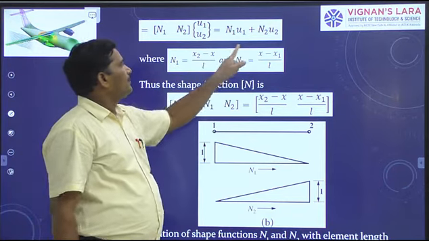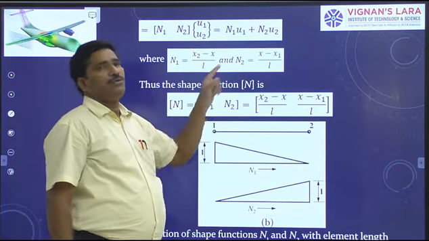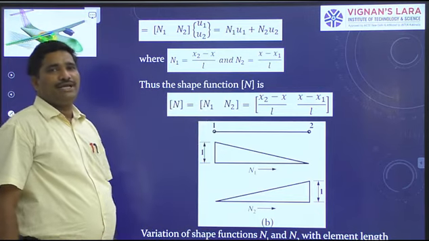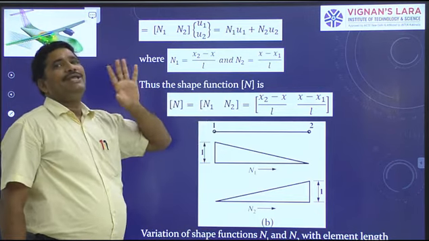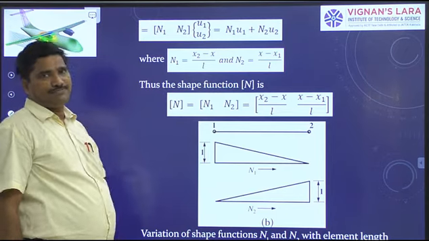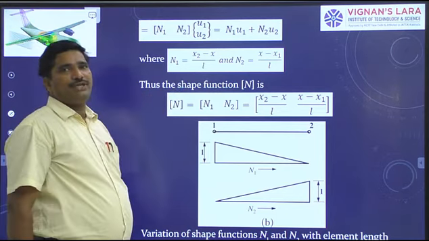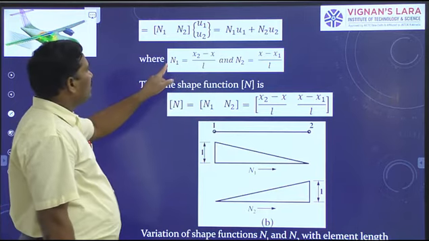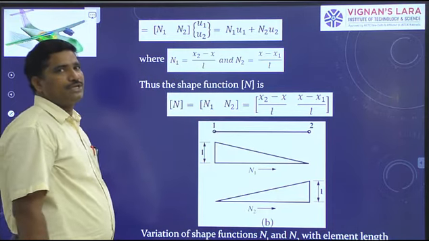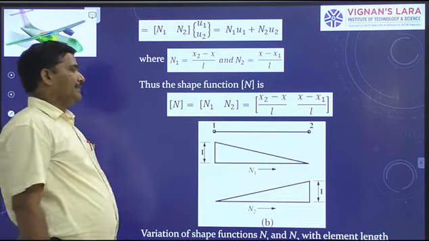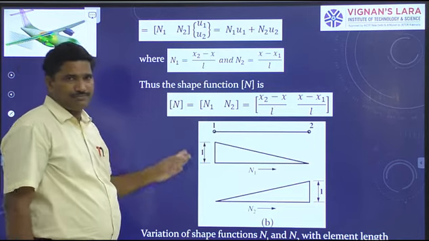This also represents a linear polynomial. Hence we say these are the linear shape functions. Now, see here, x is variable. Therefore, how does each shape function vary with respect to the length of the element? That we see here.